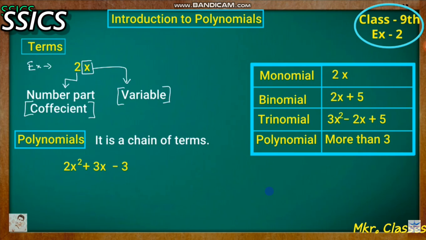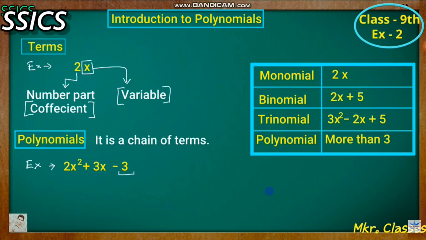Next, what are polynomials? A polynomial is a chain of terms. More than 3 or 4 terms we call a polynomial. For example, 2x square plus 3x minus 3.